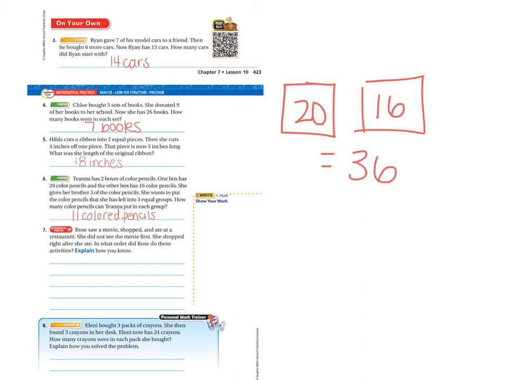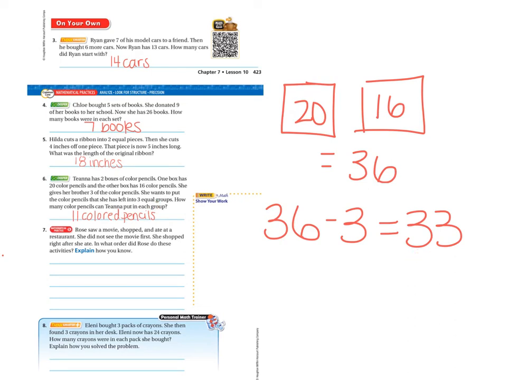If we are reading carefully and taking it step by step, it says she gives her brother 3 of the colored pencils. So we want to subtract 3 from the 36. That brings us to 33 colored pencils. The next step says she wants to put the colored pencils that she has left, which is our 33, into 3 equal groups.